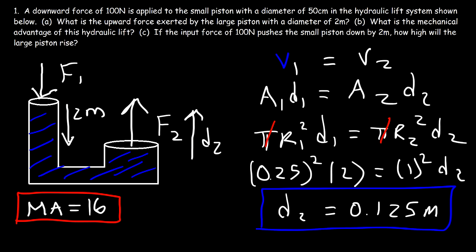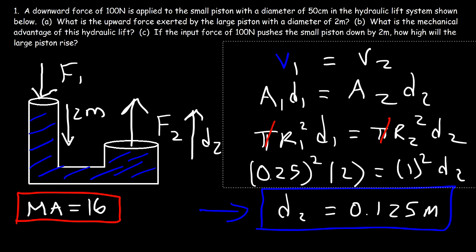The work has to be the same. The work done by the small force has to equal the work done by the large force, because energy has to be conserved. And so we could get this answer as well by using the conservation of energy principle.